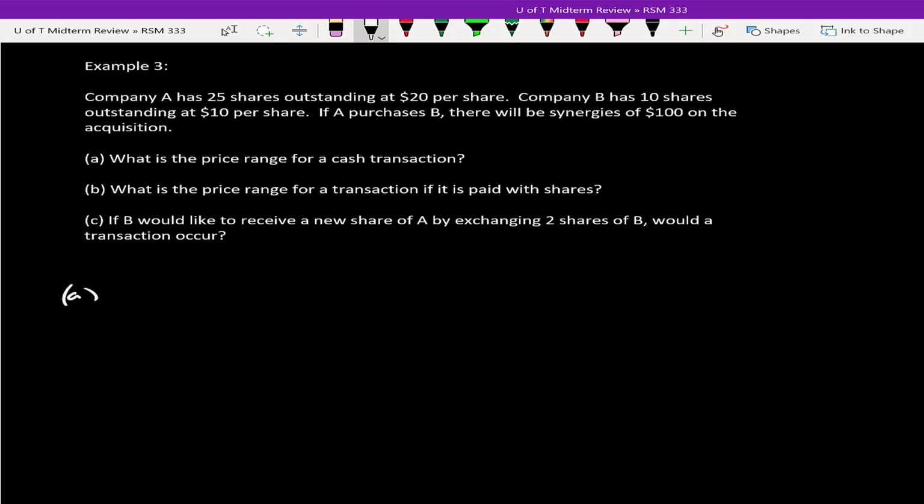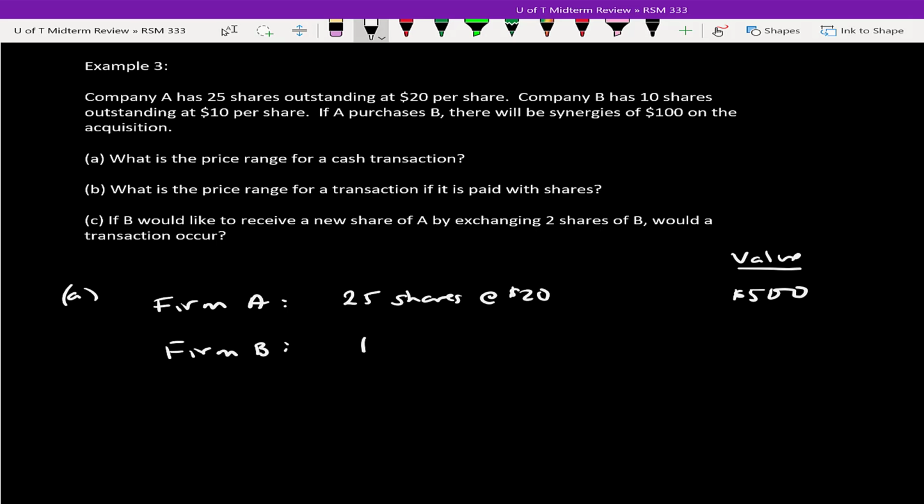We first need to calculate the values of each of these firms. Firm A has 25 shares at $20, so the value of this firm is $500. Firm B has 10 shares at $10, so the value of this firm is 100.